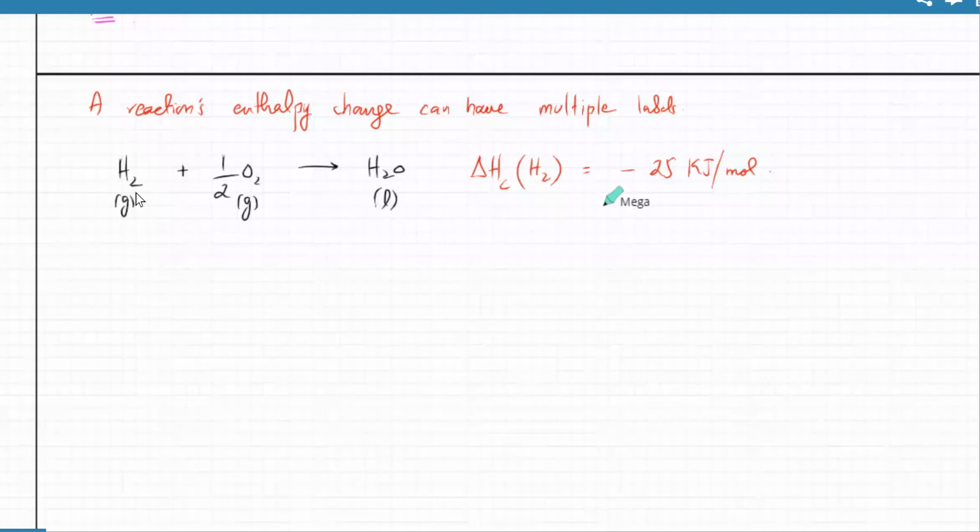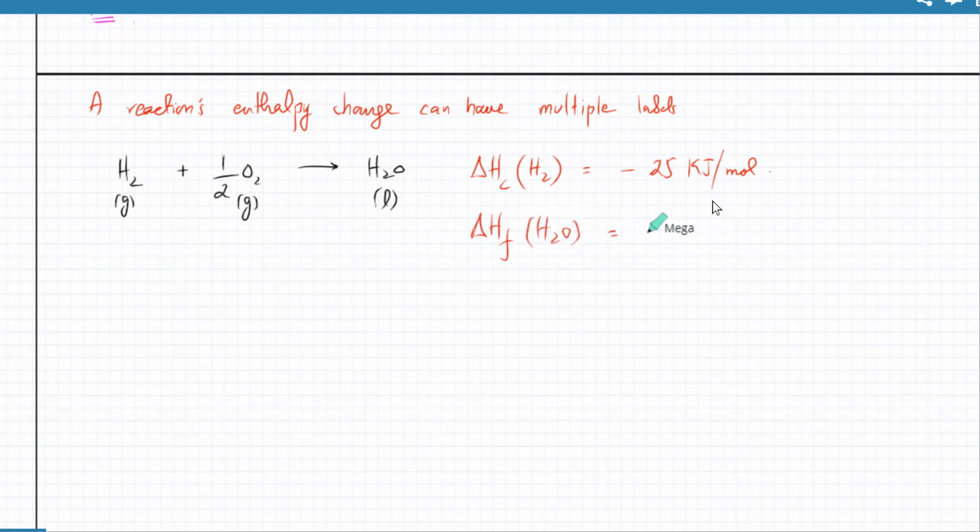So by definition, for the same reaction and the same enthalpy change, I can assign a different label. It's going to have the same exact value. There would be absolutely nothing different about these two. We're just giving different names to the same thing.